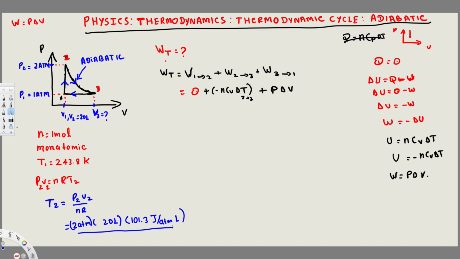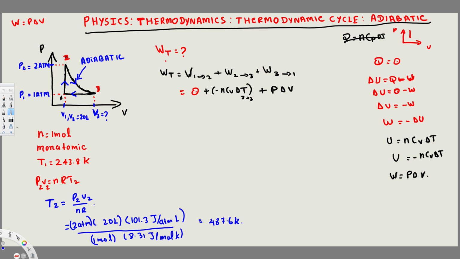In the bottom we have 1 mole times R, the gas constant, 8.31 joules per mole Kelvin. That gives the answer in Kelvin. If you plug all the values into the calculator, you get 487.6 Kelvin. So that's the value for T2.